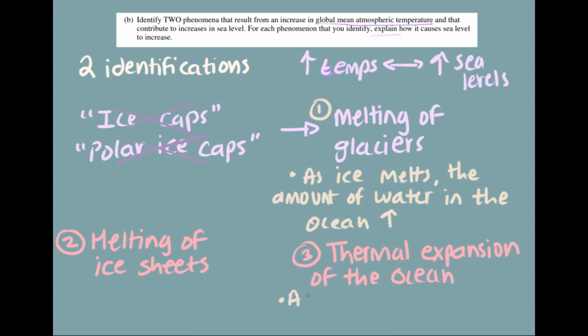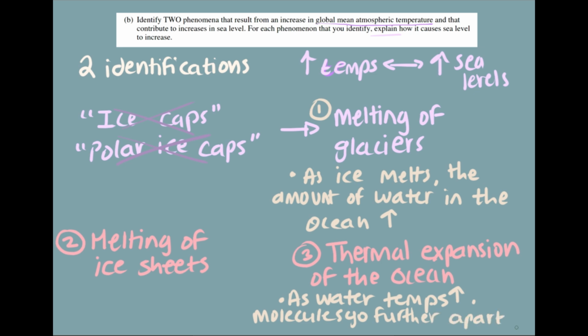So as water temps increase, molecules go farther apart. I'm going to go over here to the left side and continue my explanation since I did not give myself enough room. Move farther apart, increasing the volume of the ocean.